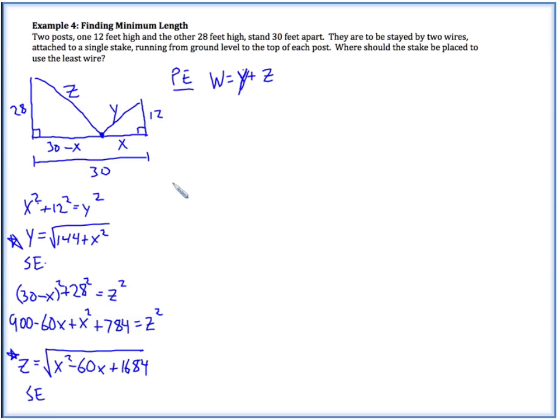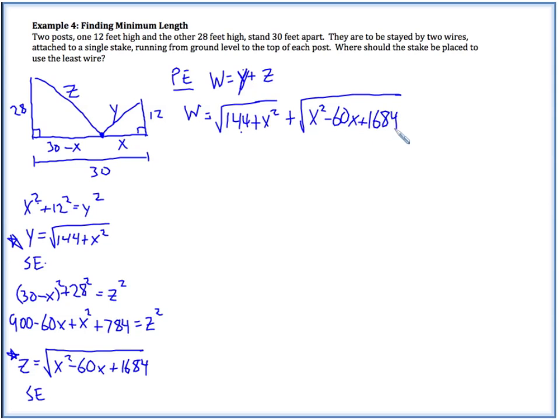So let's go ahead and rewrite our primary equation now in terms of x using these two equations. So y here is going to be the square root of 144 plus x squared, and then plus z, which is the square root of x squared minus 60x plus 1684.